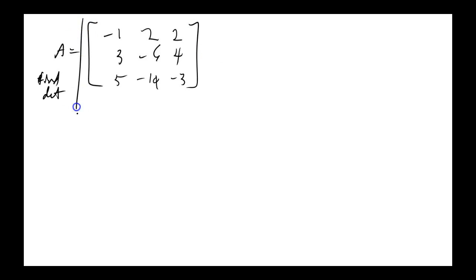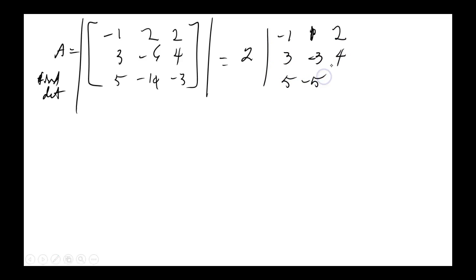So the determinant of this is equal to 2 times the determinant of -1, 1, 2, 3, -3, 4, and 5, -5, -3. Okay, that sure doesn't seem to be a lot easier. But, I mean, we can do anything we want to.